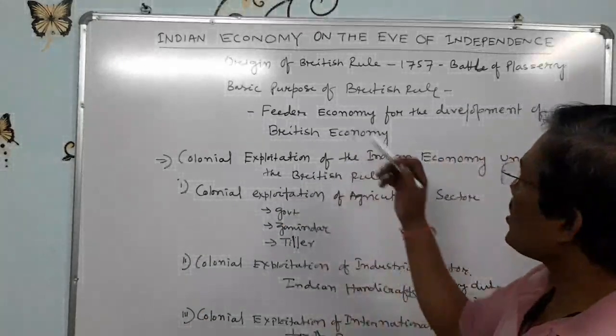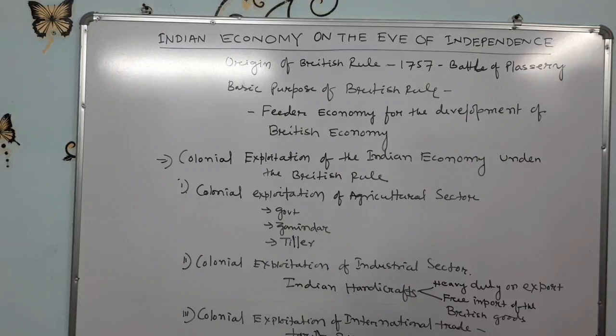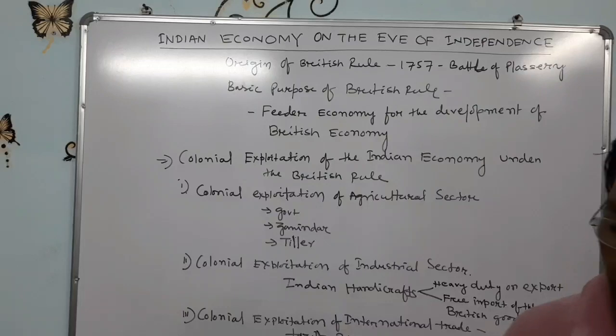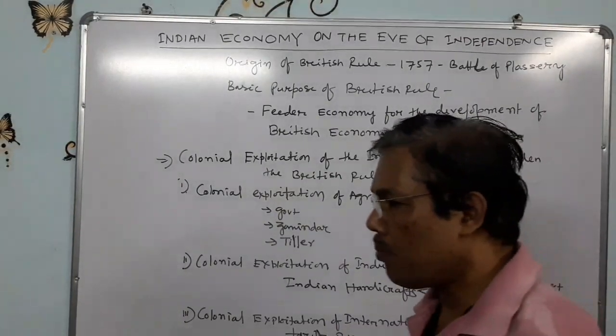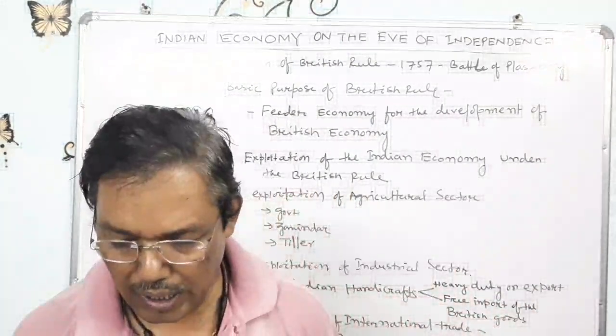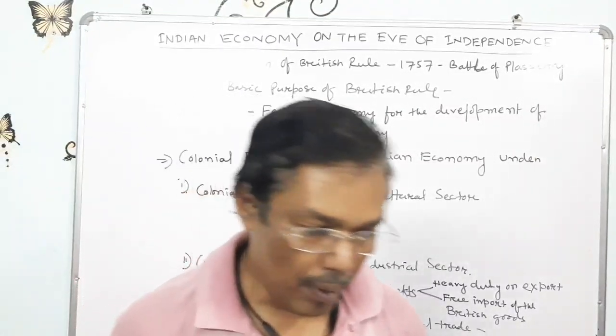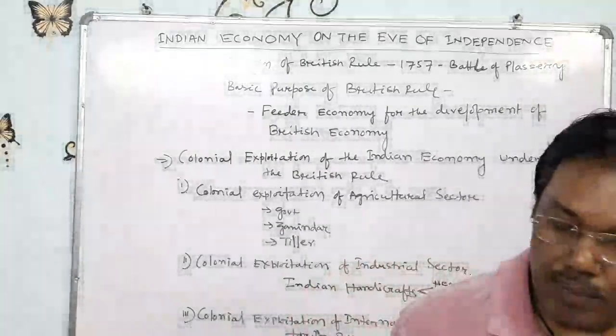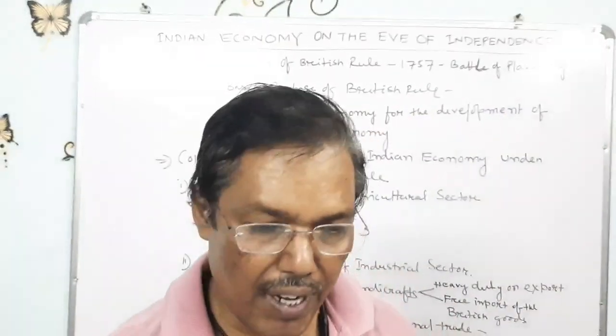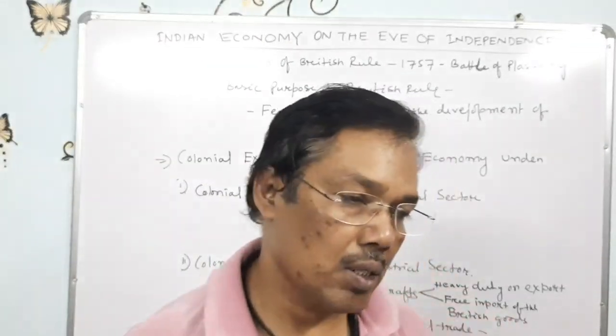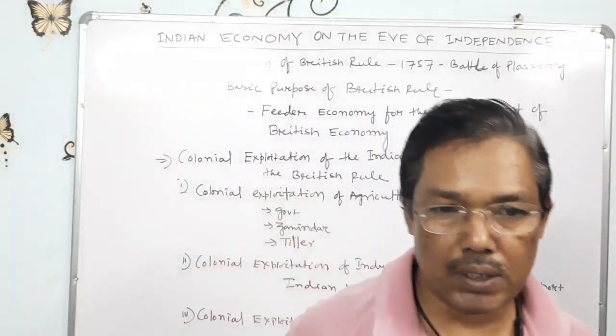Whenever I am discussing the Indian economy on the eve of independence, this Part B is named Indian economic development. So what do you mean by Indian economic development? The main objective of the book Indian economic development is to familiarize with the basic features of the Indian economy and its process of development.